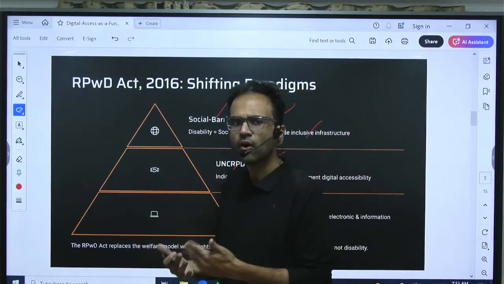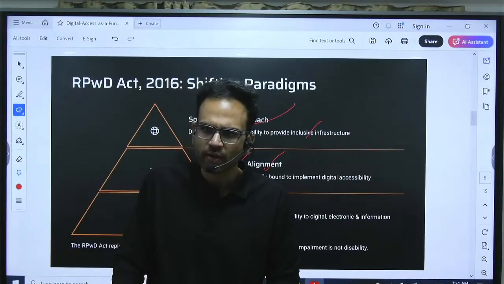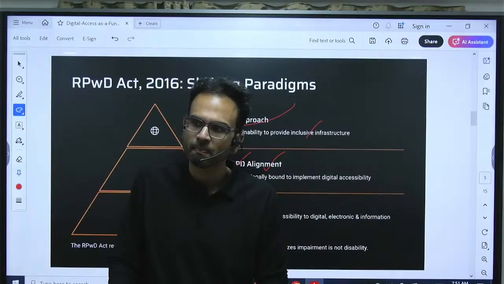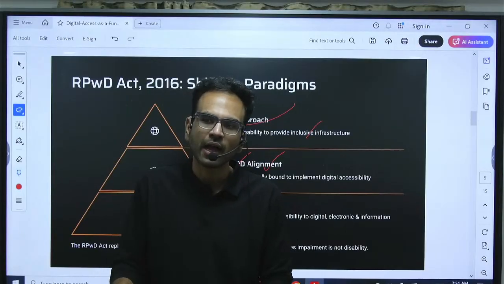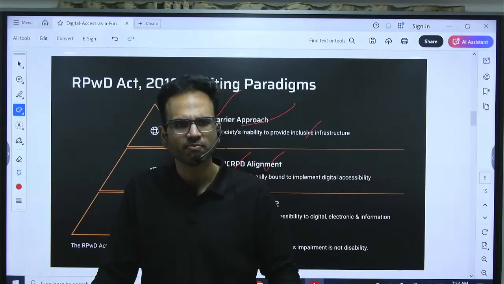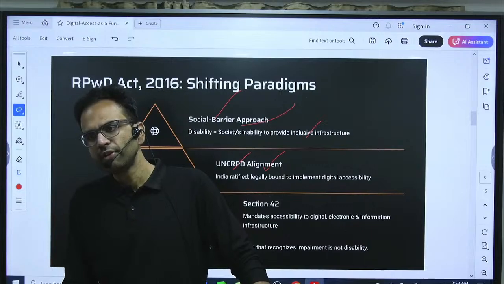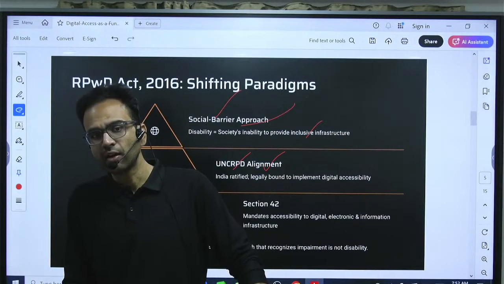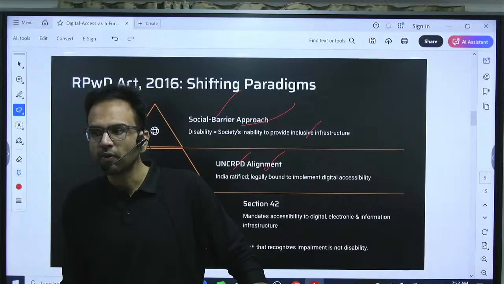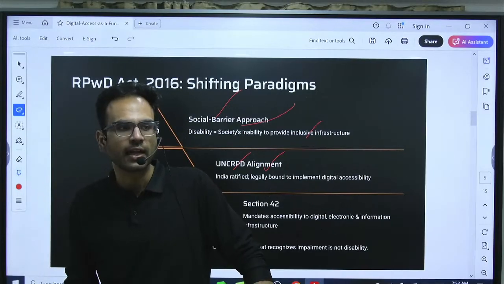Let's say there is a foreign tourist who may be disadvantaged, differently abled. If they visit our country and they do not have an access to, let's say, national monuments, do you think they'll feel left out? In a country that speaks about Atithi Devo Bhava, it's important to have an alignment.